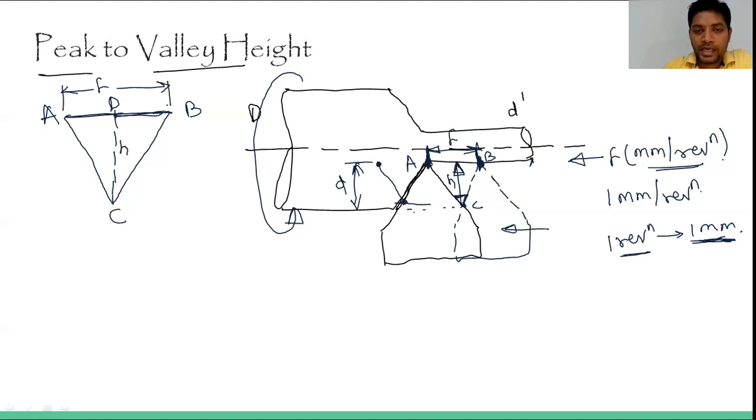Now we are talking about this angle. First, this angle is lambda, which is 90 minus CS. If this is 90 minus CS, then this angle will be CS.